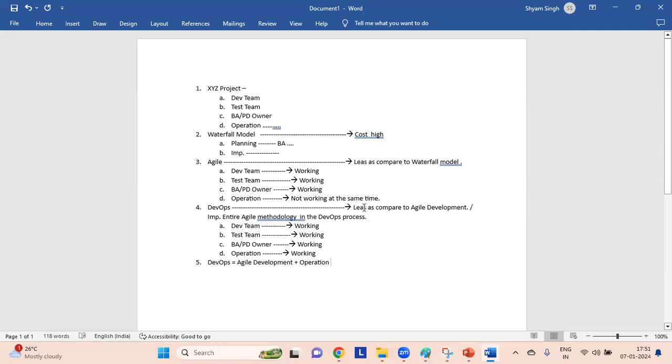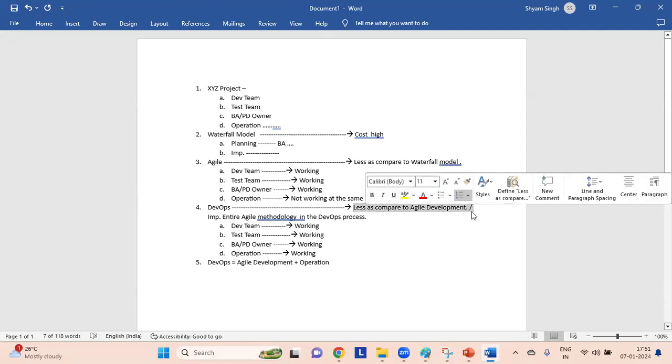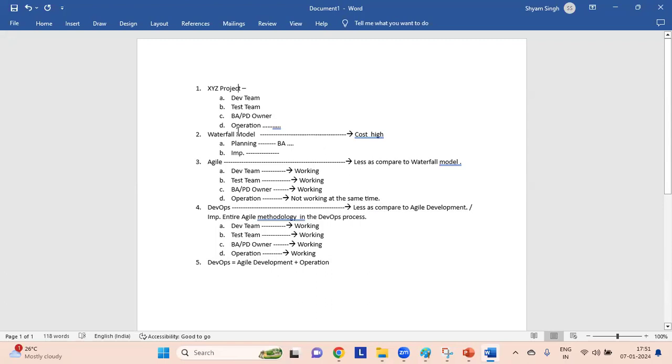Because the first thing is that the product cost in DevOps is very less as compared to agile and waterfall. Correct, guys?